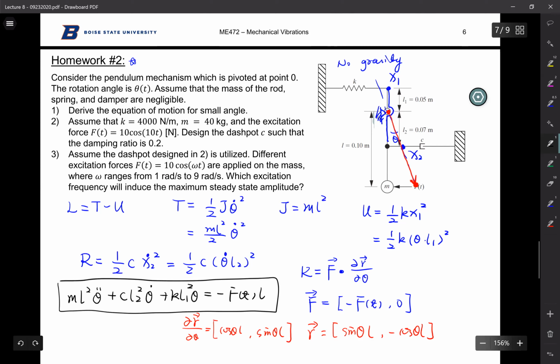So that's the solution for the first part, equation of motion. All right, then you can proceed to solve part 2 and part 3. And then I'm going to go over these at the beginning of the next lecture.